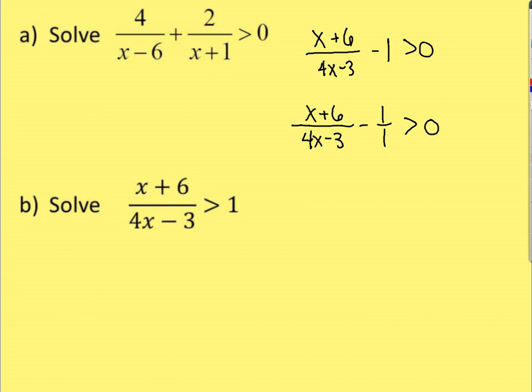Now for this to be a rational equation, we need to just have one large fraction. So we need to get the same denominators on both sides, so we can combine them and make one large fraction. Since the denominator on the fraction on the left is 4x minus 3, we need the denominator on the right to be 4x minus 3. So we're going to multiply the numerator and denominator by 4x minus 3.